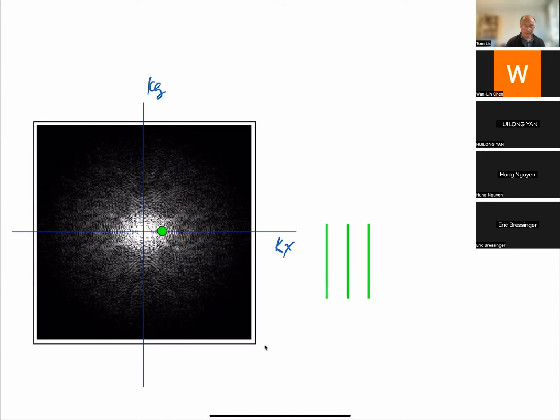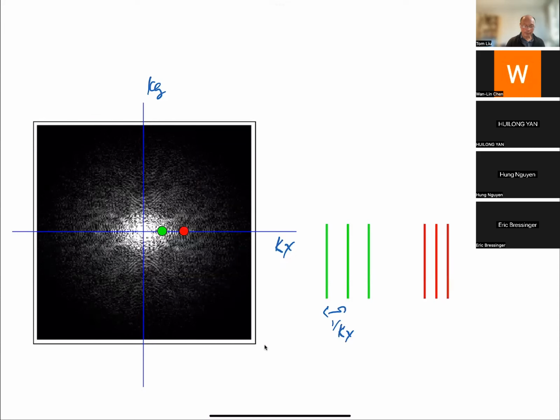So let's say I pick a point here, shown by the green, and that is, I've gone off on kx, ky equals 0. So this corresponds to a pattern that varies only along the x direction and with some wavelength, where this would be 1 over kx. Okay.